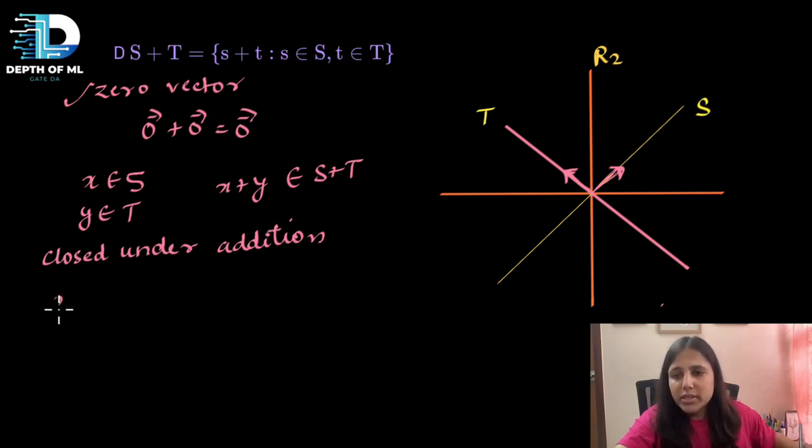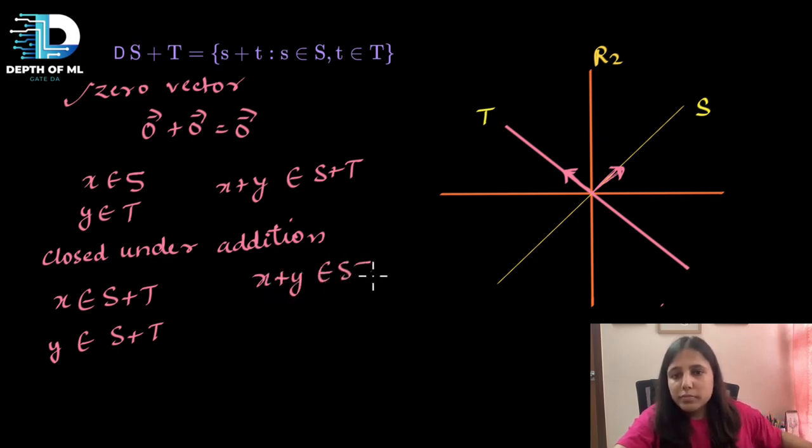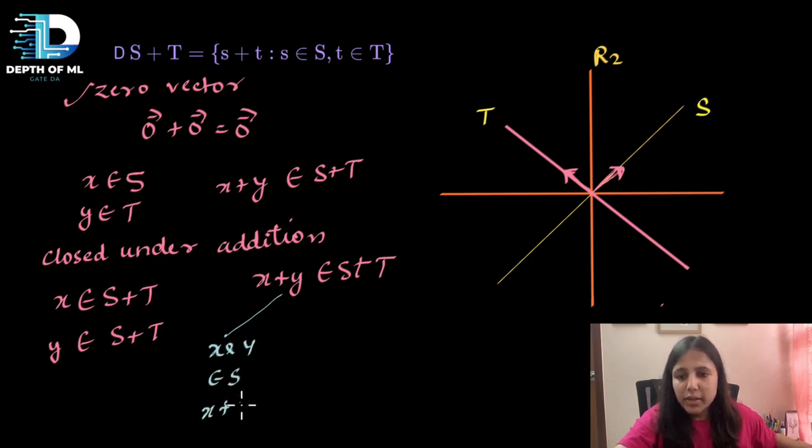Fine. Or you can say x belongs to S plus T, y belongs to S plus T. Okay. Then I have to check whether x plus y belongs to S plus T. So here you will make cases. It can be that x and y belong to S. If that is there, then x plus y belongs to S, and because it's in S, it will be in S plus T. S plus T how? We'll just add the 0 vector to that.